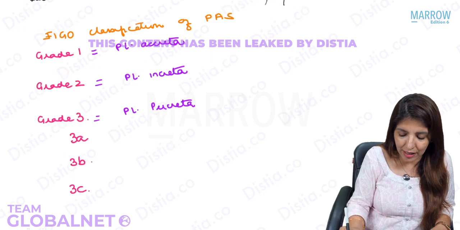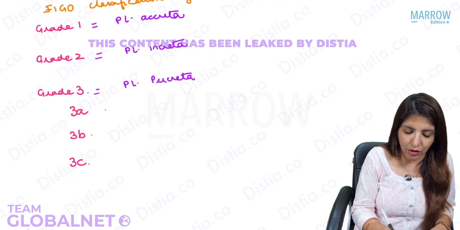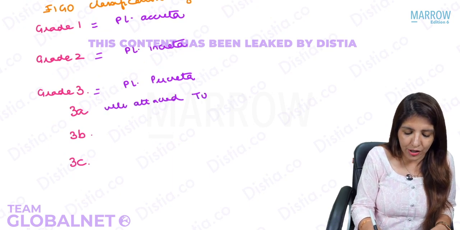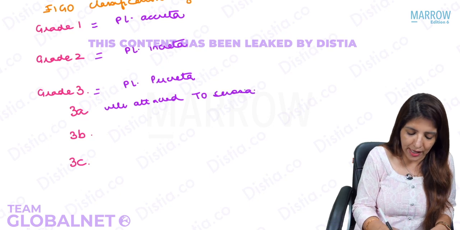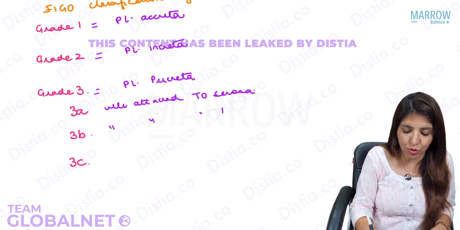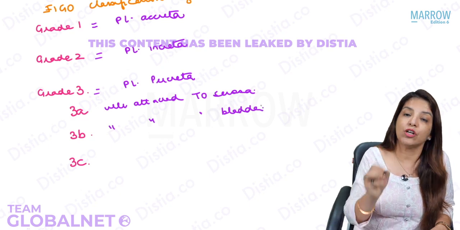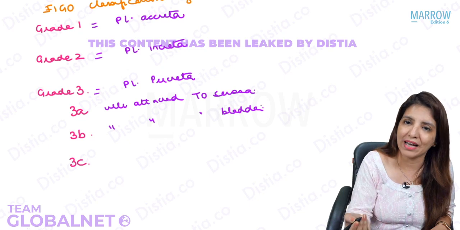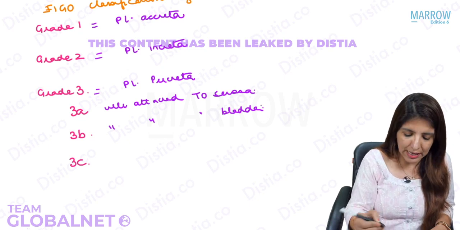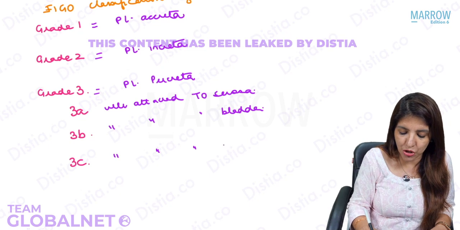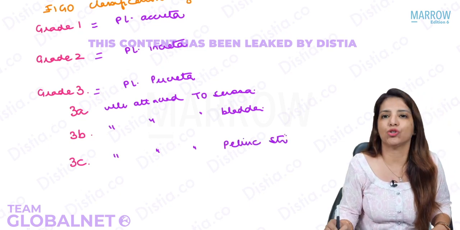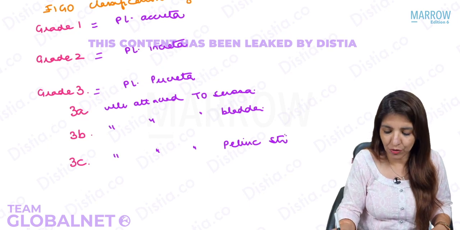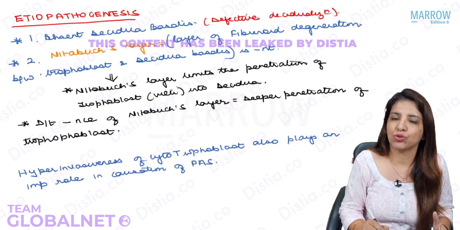If in placenta percreta the villi are attached to the serosa, then it is called grade 3A. If the villi, after infiltrating the serosa, reach up to the level of the urinary bladder, that is grade 3B. And if the villi are attached to any other pelvic structure, then that is called grade 3C. Right? Now, what is the etiopathogenesis over here?